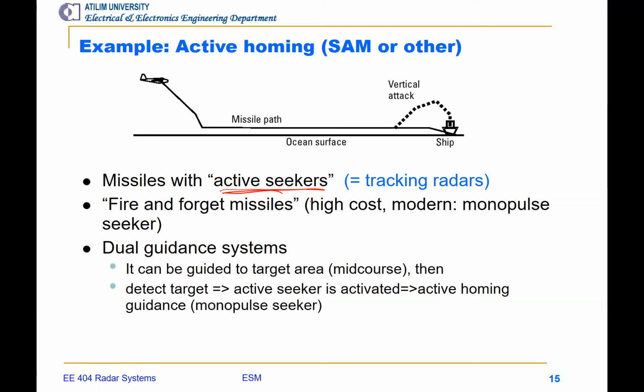These are fire and forget type missiles, usually costly, and they use a monopulse seeker that we'll be talking about next stage. There may be a guidance system, actually the mid-course guidance system.